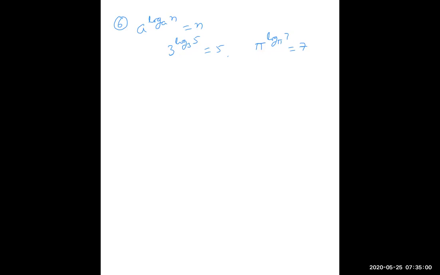Now, the seventh most important property is base changing. In base changing, 2-3 formulas are there. First is log a n can be written as log n upon log a.